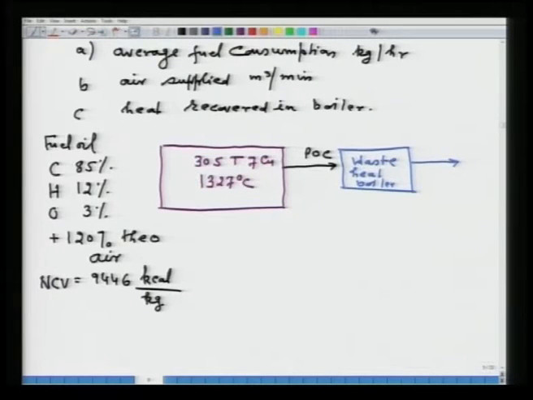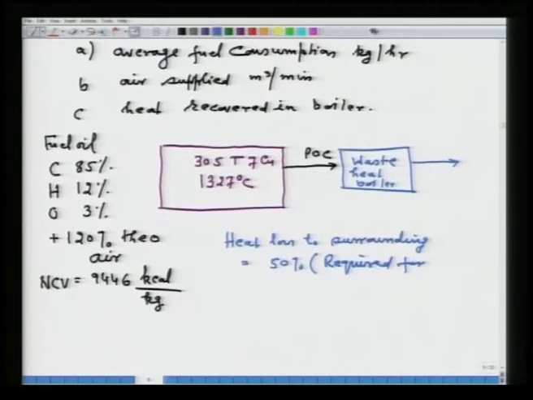Heat loss to the surrounding, from the furnace part, that is equal to 50% of that required for heating plus melting, that is all given to us.